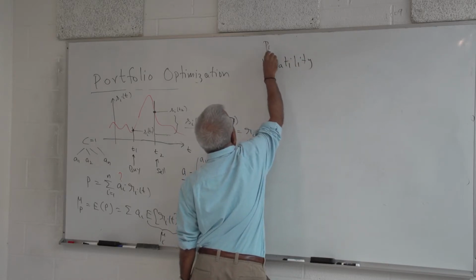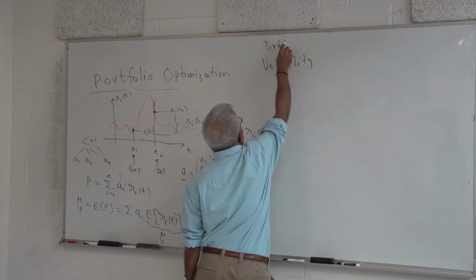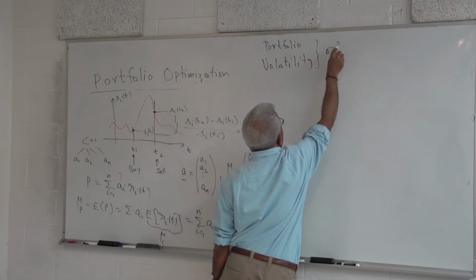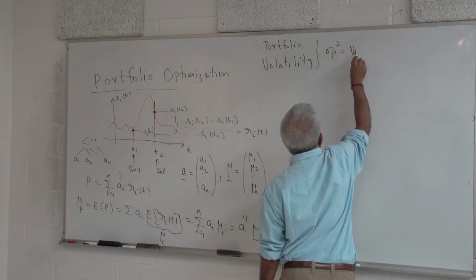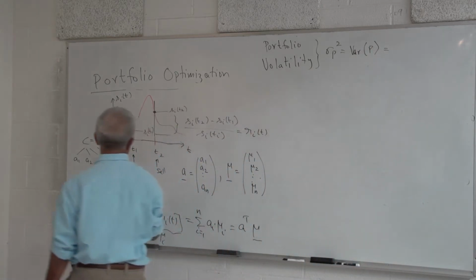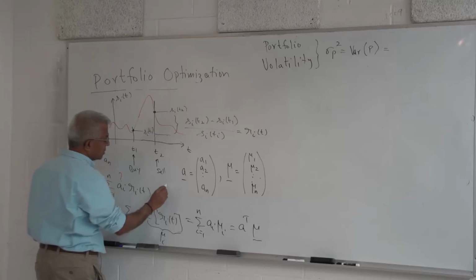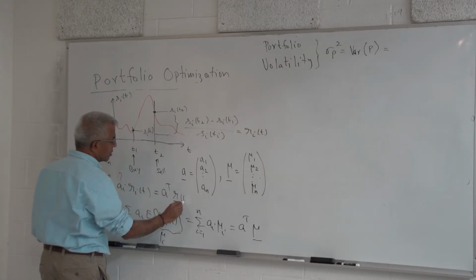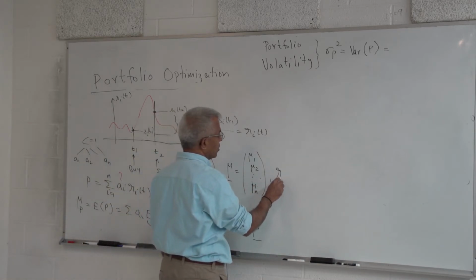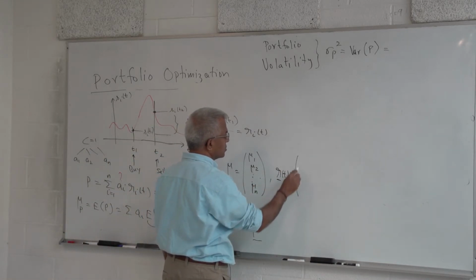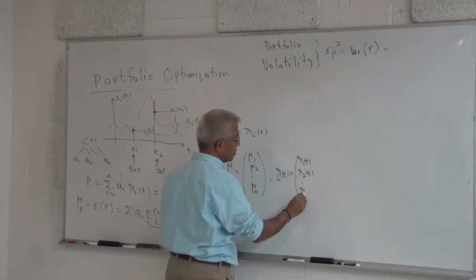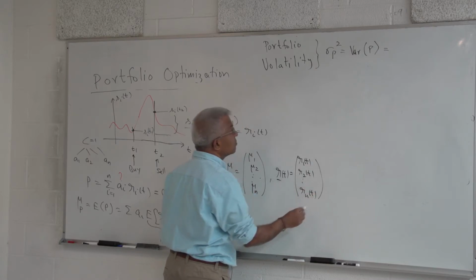In other words, the portfolio volatility. I'm going to call it sigma p squared. It's a fancy name for the variance of P. So P is here, and using this notation we can write this as A transpose R. A is already defined. If you define R of T as the various returns, R1 of T, R2 of T, etc., Rn of T, that's the vector.